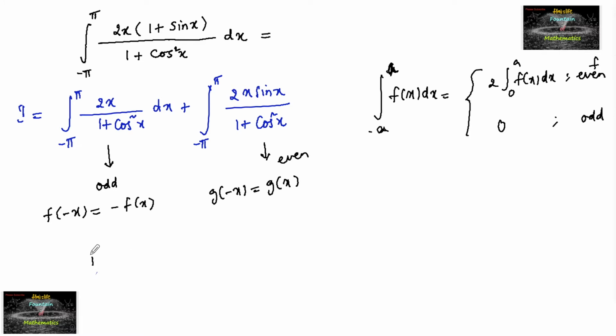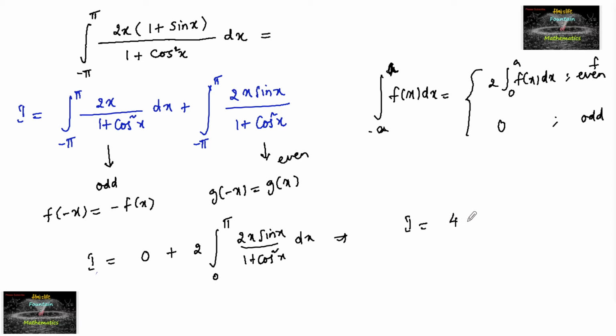So here we can write I is equal to 0 for the first part, and the next part we can write as 2 times the integral from 0 to pi of 2x sin x upon 1 plus cos square x dx, or we can write I is equal to 4 times the integral from 0 to pi of x sin x upon 1 plus cos square x dx.